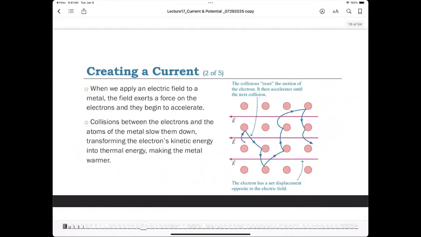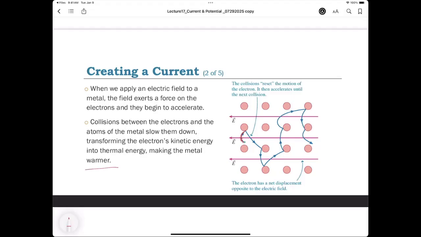Collisions between the electrons and the atoms of the metal slow them down. The electric field just gives the electron a force and lets them move, but if they hit the atoms, they will slow down, transforming the electrons' kinetic energy into thermal energy, making the metal warmer.